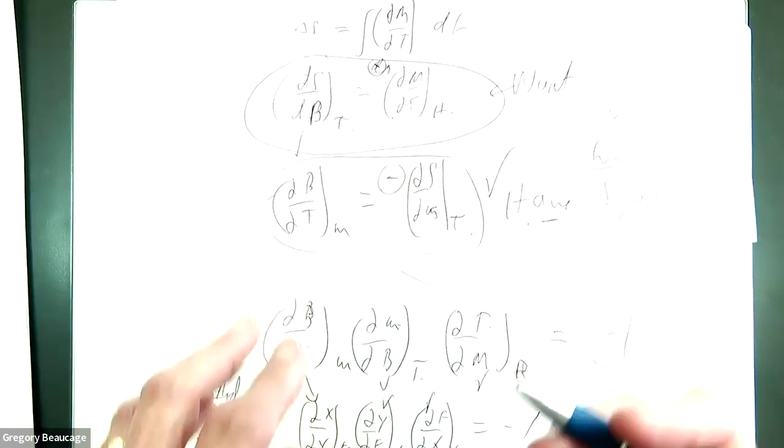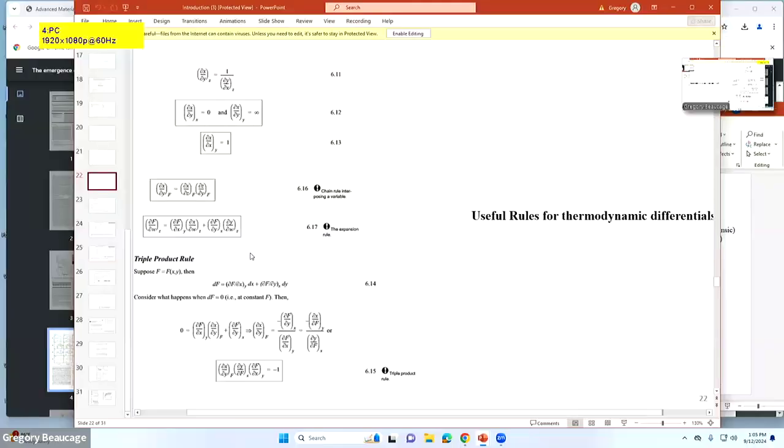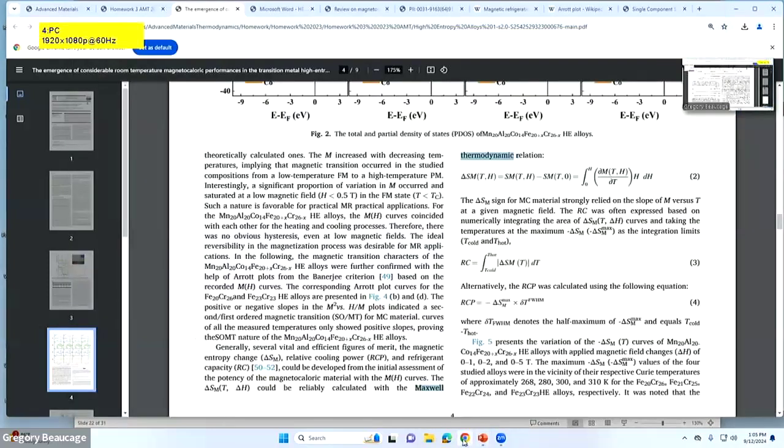Yes, that is the Maxwell equation. And the reason you want to get that is, I think you should go through this yourself. In fact, it's part of the homework. So you have to go through that yourself, because then you want to say, well, that's where this equation comes from: ds/dh equals dm/dt, with this one at constant t and this one at constant h.